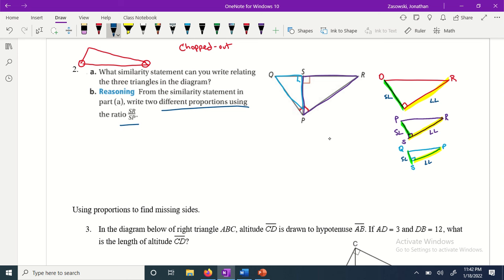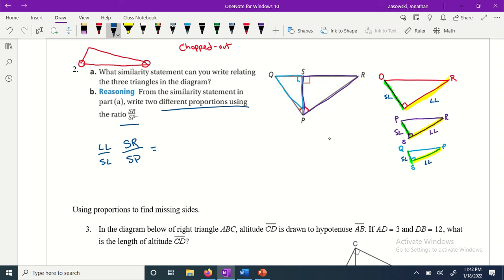So in this triangle, we made a ratio as SR over SP, which was the long leg over the short leg. We want to make the same ratios in these other two triangles.